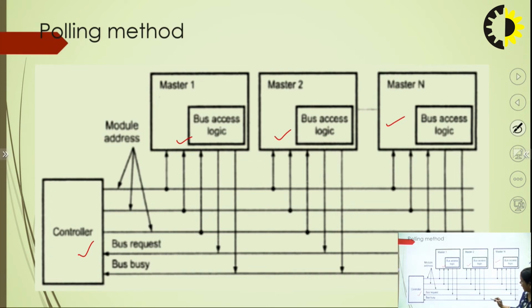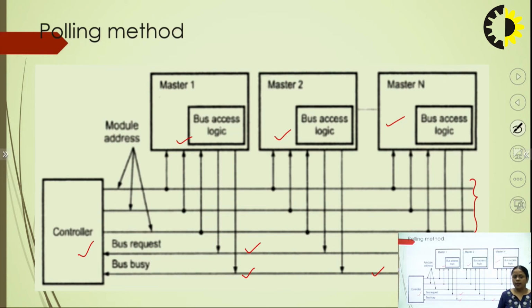Again we have one bus request signal by which all the devices can send the request, and we also have a bus busy signal. Now, in this case, we have polling lines. We don't have a bus grant signal here.